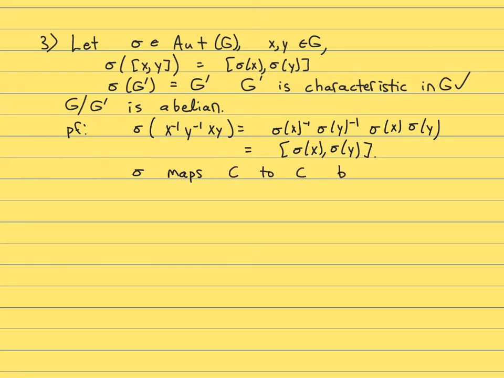Let C be the set of commutators. We can see that sigma maps the set of commutators to itself bijectively, as follows: you send [x, y] to [sigma x, sigma y]. And the inverse would be to send [x, y] to [sigma inverse x, sigma inverse y], because the inverse of an automorphism is an automorphism.